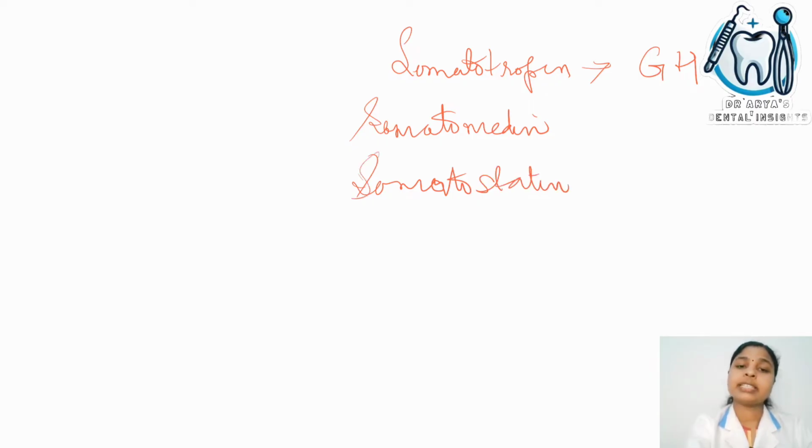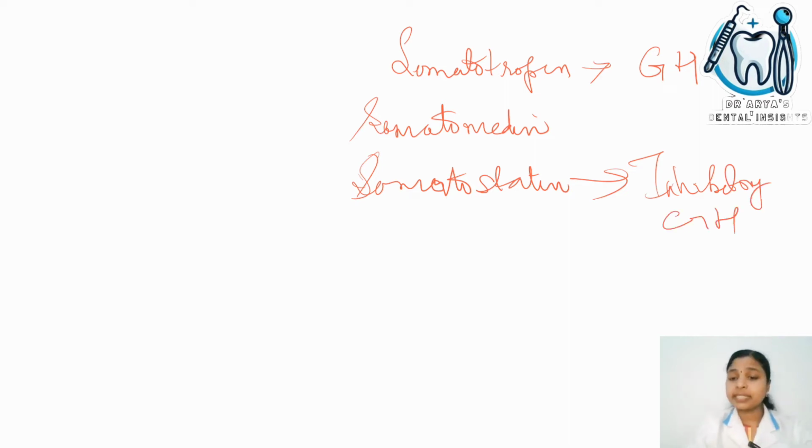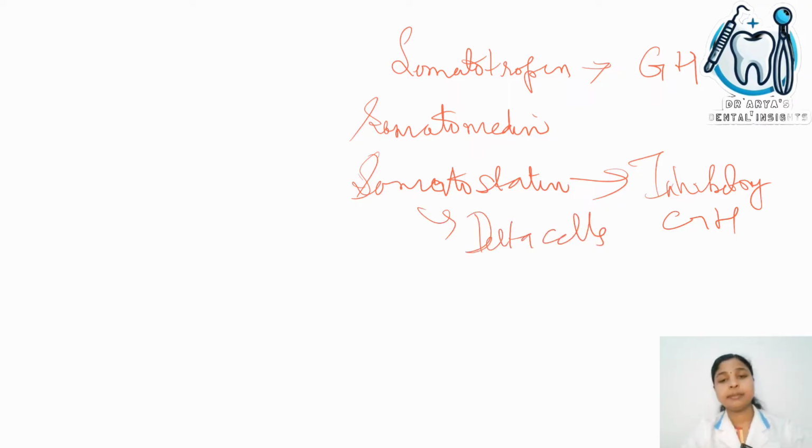What is somatostatin? Statin means to stop, right? Somato means growth. So it is an inhibitory hormone of growth hormone, and it is secreted by delta cells of islets of Langerhans in pancreas.